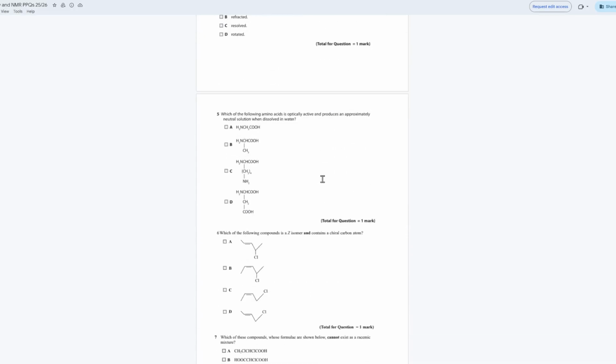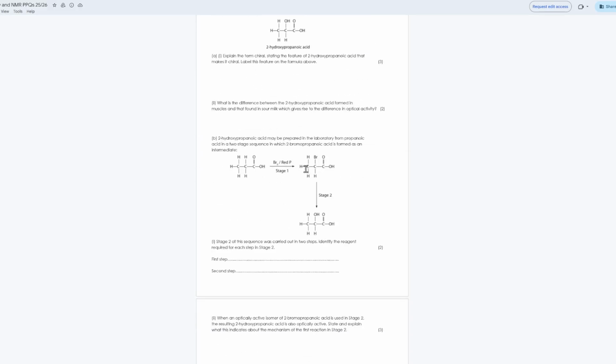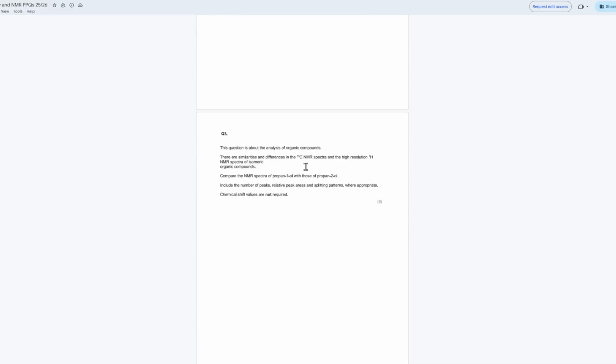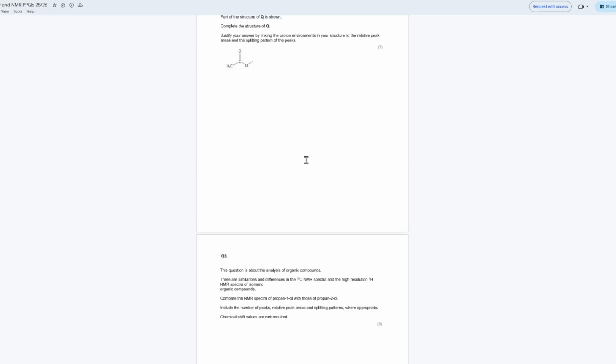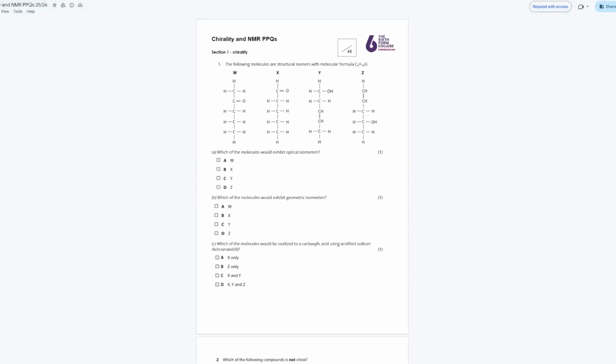Just going through them for this specific topic, and then hopefully we can get onto some for the other topic we are doing, which, if I remember correctly, I'll have to check, should be transition metals. But we should start off with chirality and NMR.